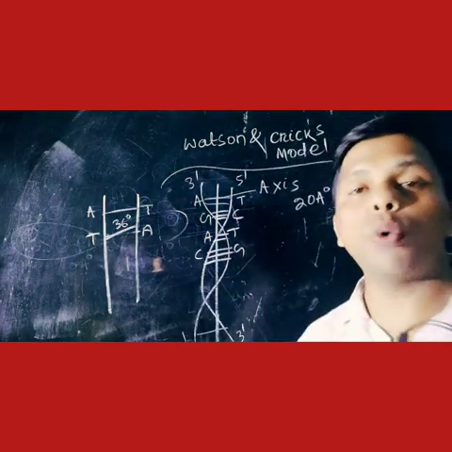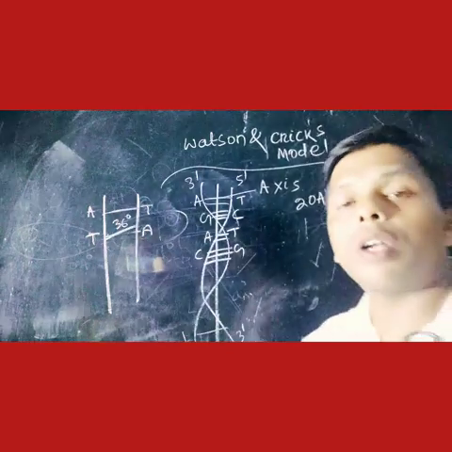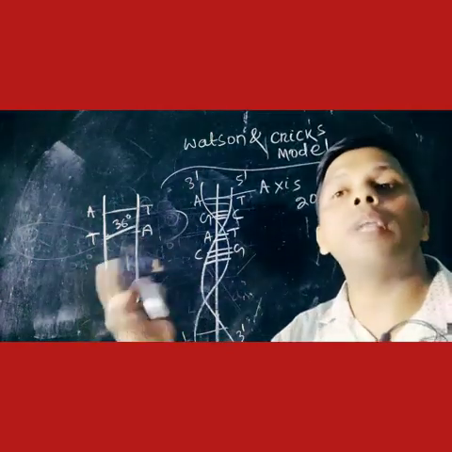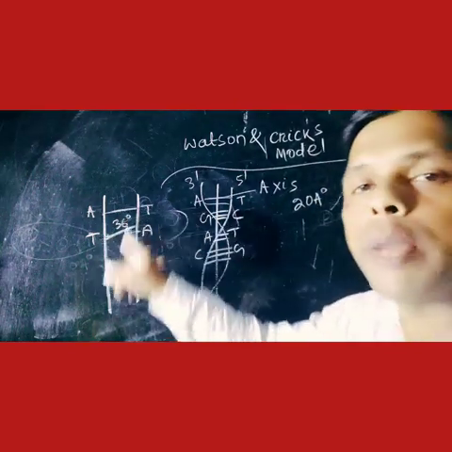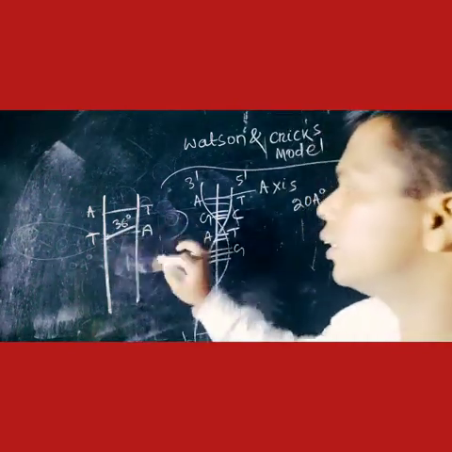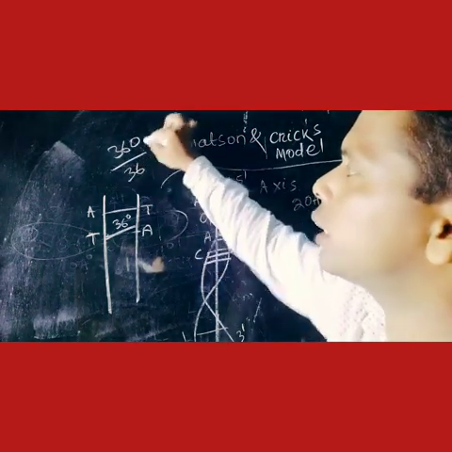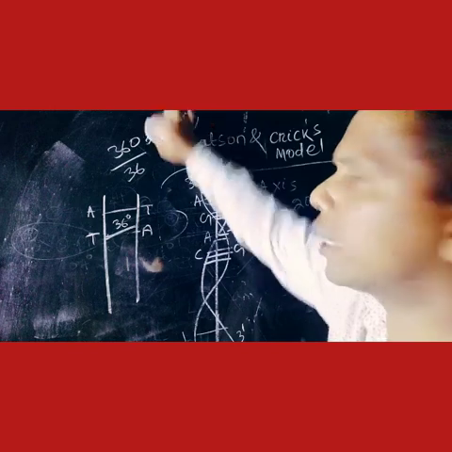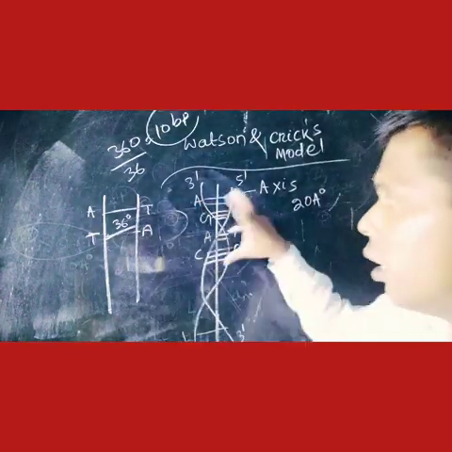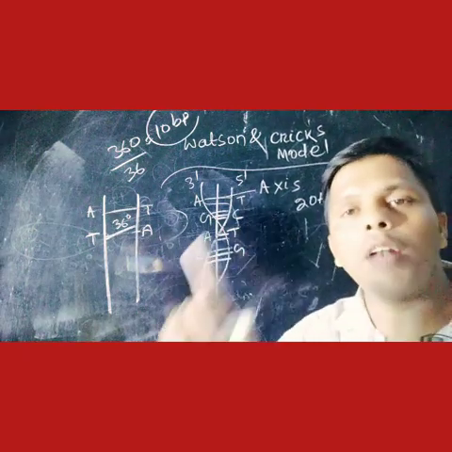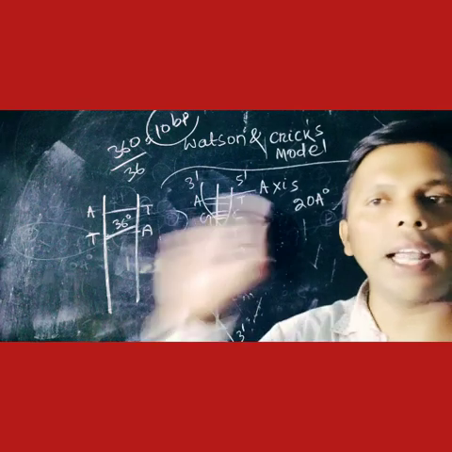Hence, in the Watson-Crick model, for one complete turn, the angle is 360 degrees. So how many base pairs are there in 360 degrees? That is 360 by 36, that means 10 base pairs. So in a complete turn, there are 10 base pairs with this 36 degree angle.